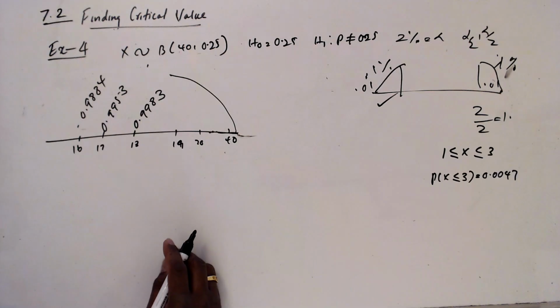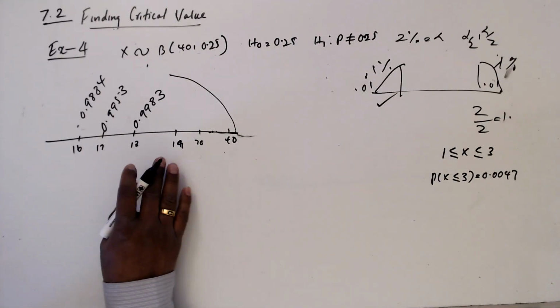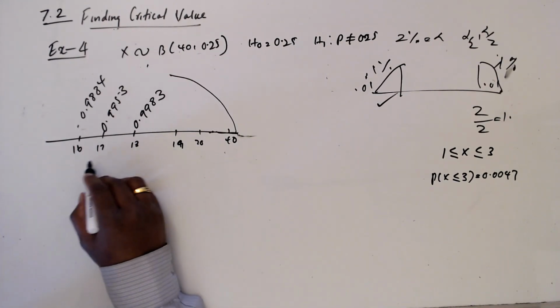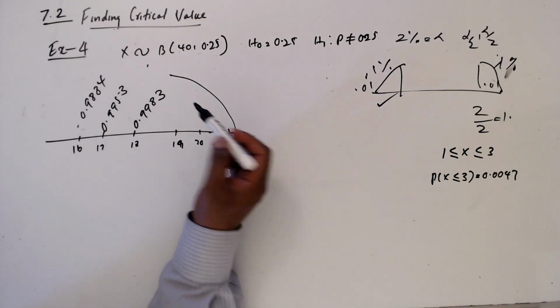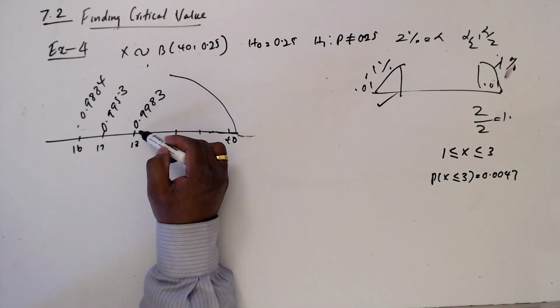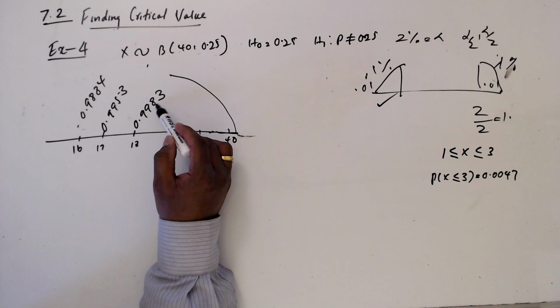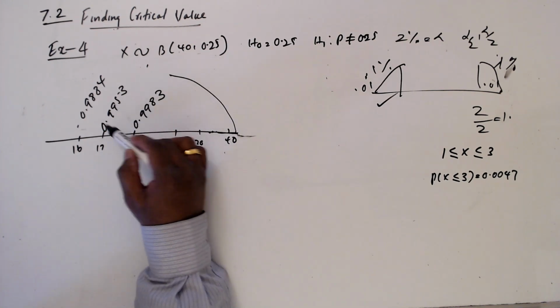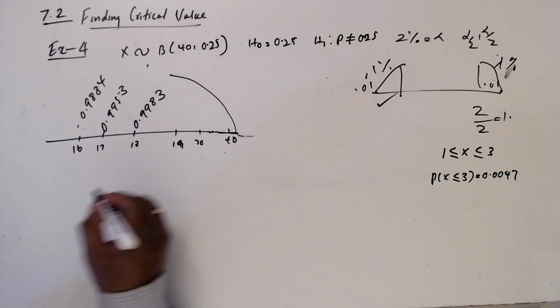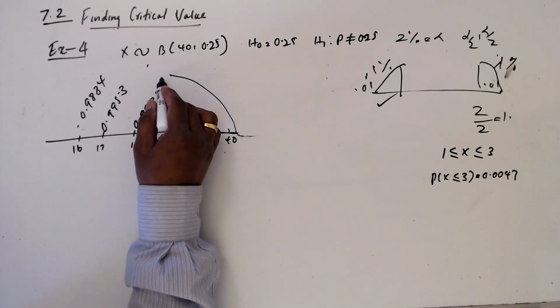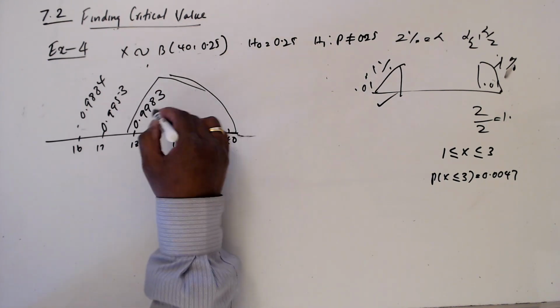So I jot down the table values 16, 17, 18, because when I look at the table, I can see that 1 minus this value is more similar to around 1%. So let's first of all find, up to this area, what is the probability.